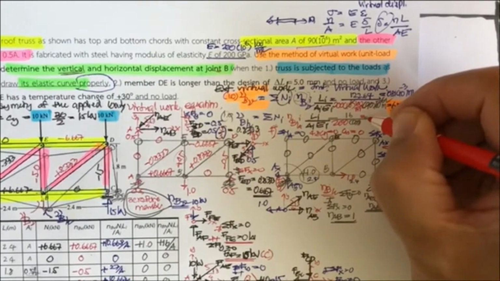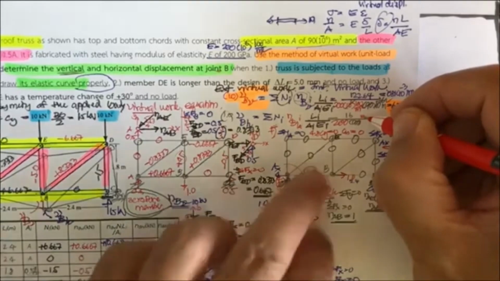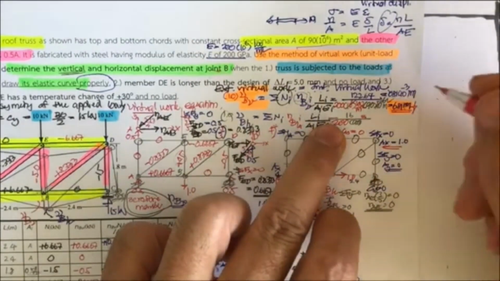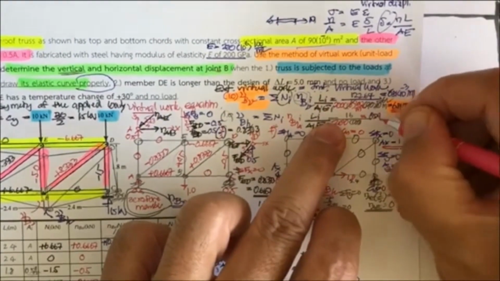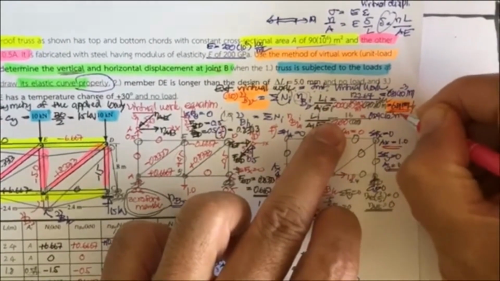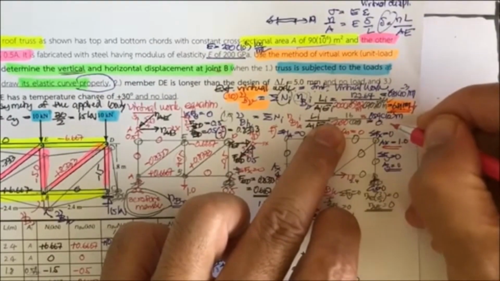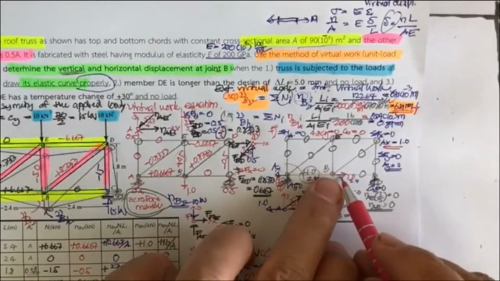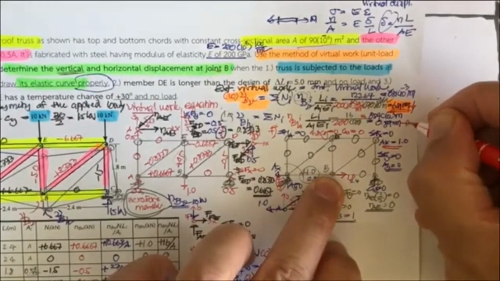You may put this to 0.89 times 10 to the minus 3 meter, or equal to 0.89 millimeter. The direction of this is going to be positive, right? So it's going to be something like this.